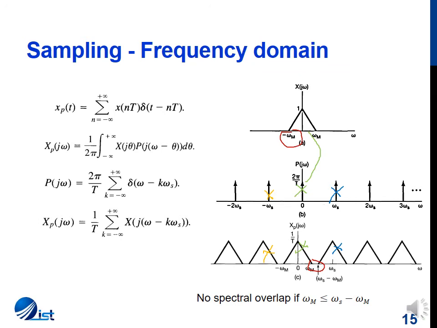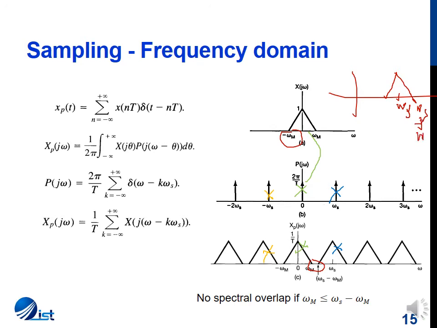So when this spectrum is shifted to a frequency omega s, after the shift, the 0 point becomes omega s, the plus omega m point becomes omega s plus omega m.